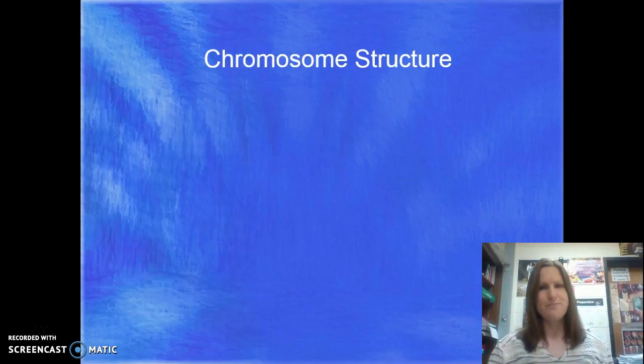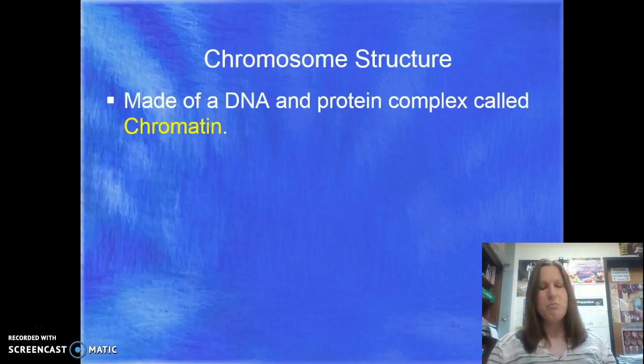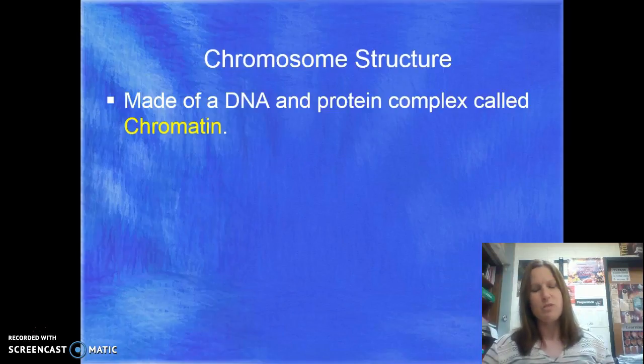Chromosome structure. We've often heard about chromosomes, but what is a chromosome composed of? Well, a chromosome is made up of a DNA and protein complex called chromatin. And those proteins are incredibly important. It is what the DNA wraps around.